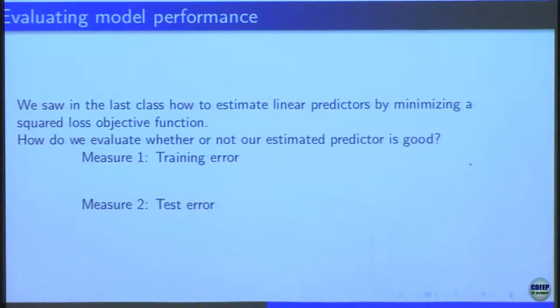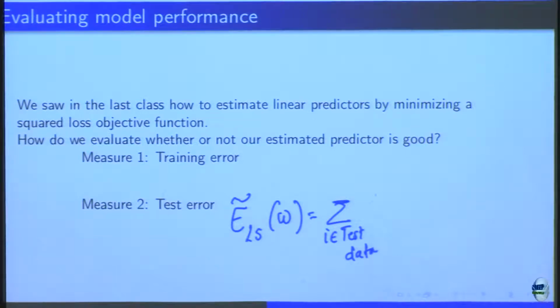Test error. So what is test error? I will not compute E, but I'll compute E tilde. I'll compute E tilde ls on W, which is nothing but the summation over i in test data of yi minus W transpose phi xi.